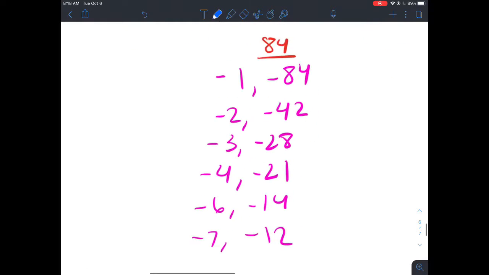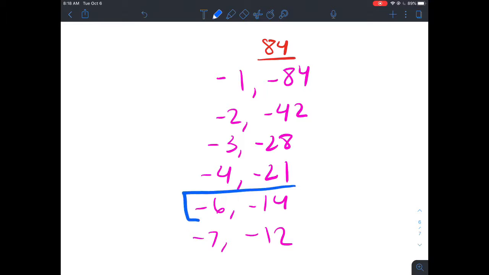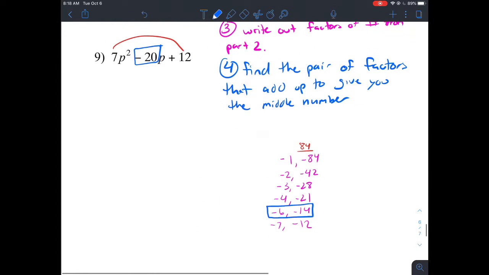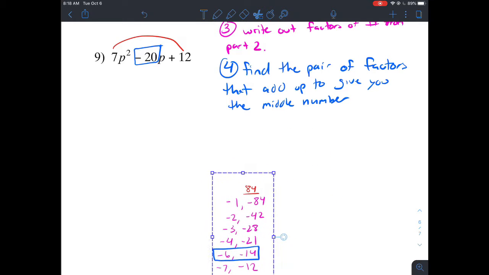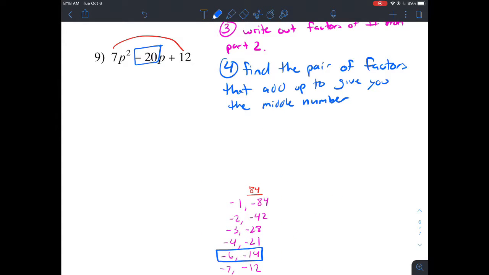So now we need to go ahead and look at our factors. Our middle number is a negative 20. All right, which one of these are going to add up to give us a negative 20? That's going to be this negative 6 and negative 14. All right, so now the next step is going to be to write them as a binomial with the first term up front.